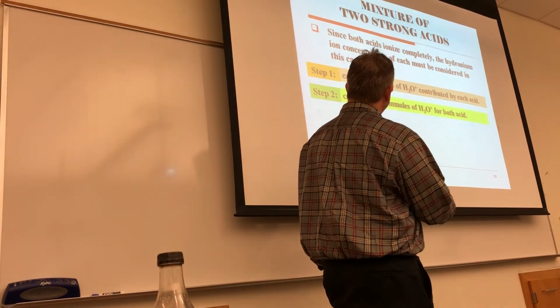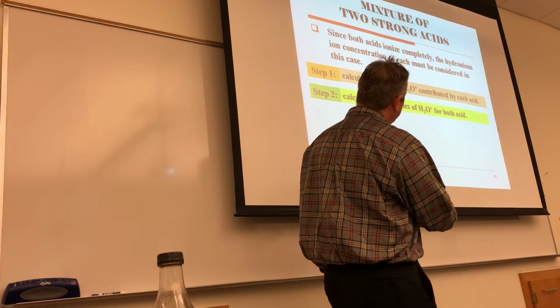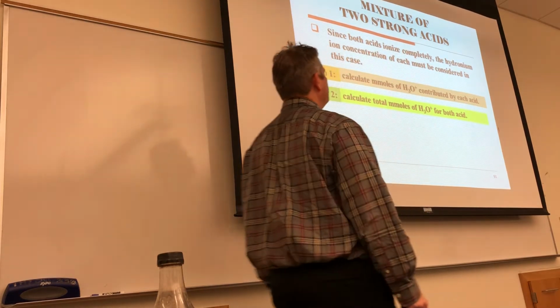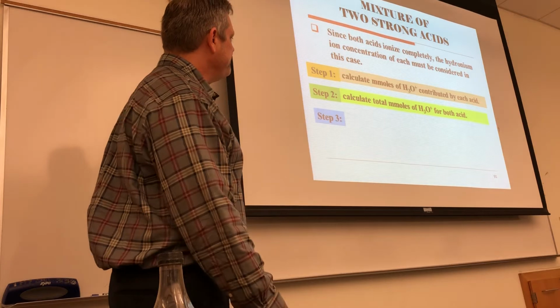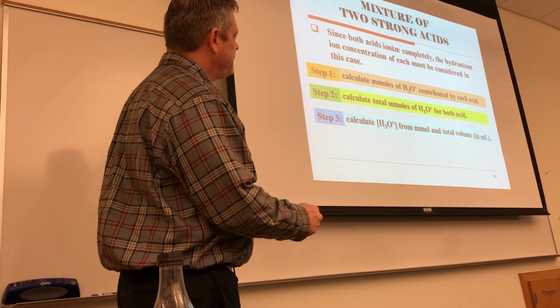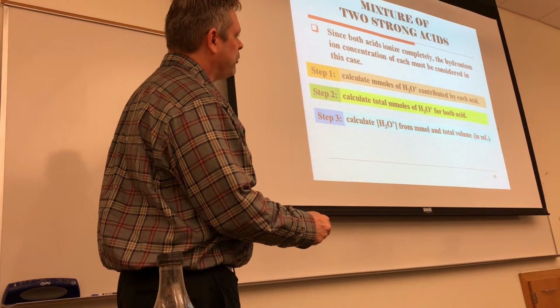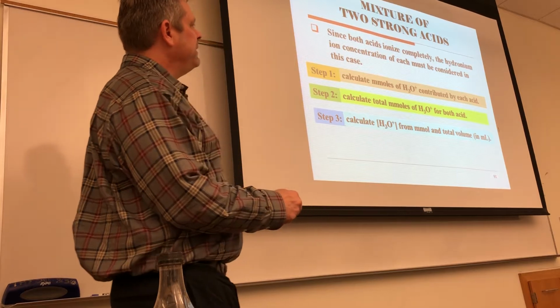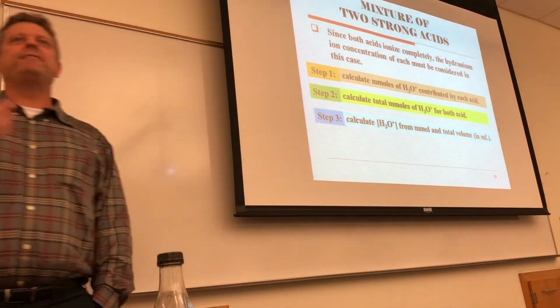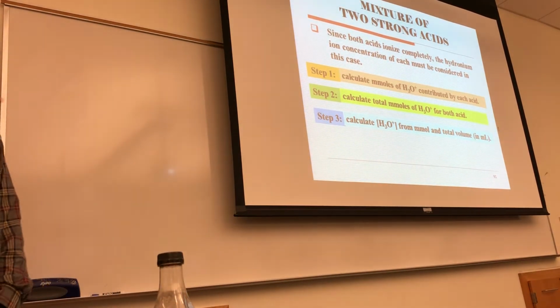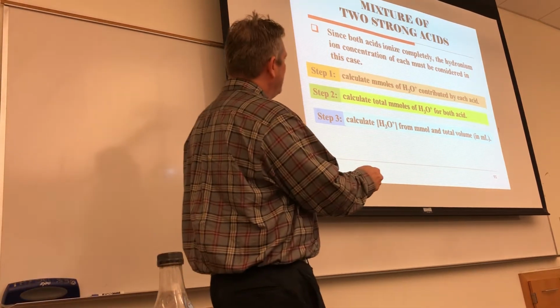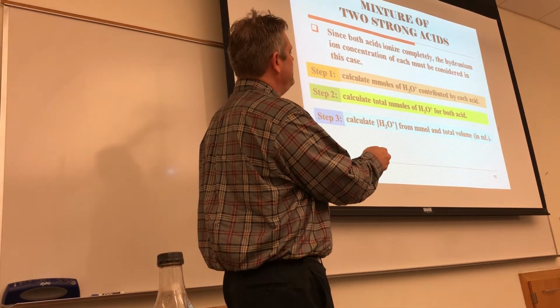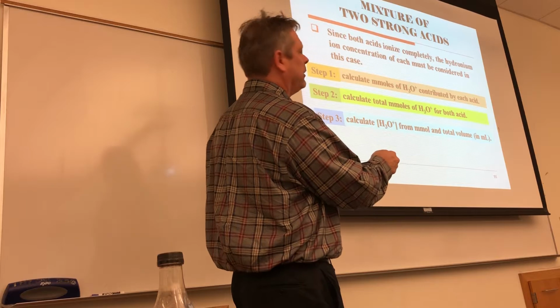So then you calculate the total moles or millimoles of hydronium ion for each acid. Okay, and then from that you have your total volume. Now this is where it might change a little bit. If you have the mixture, you solve for the moles of the first strong acid, then you solve for the moles of the second strong acid.